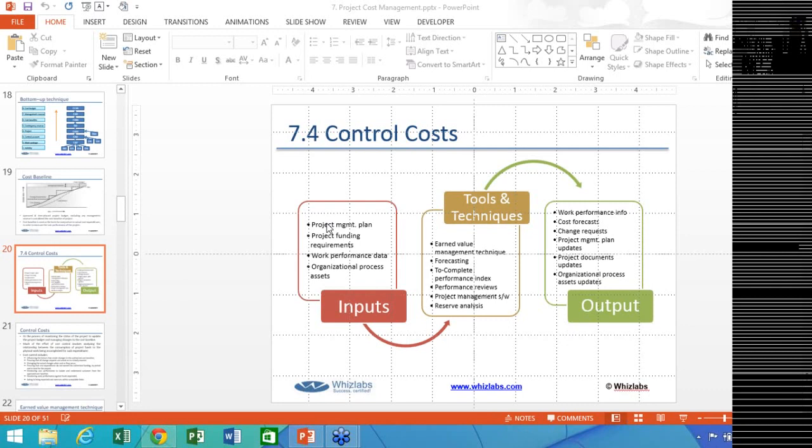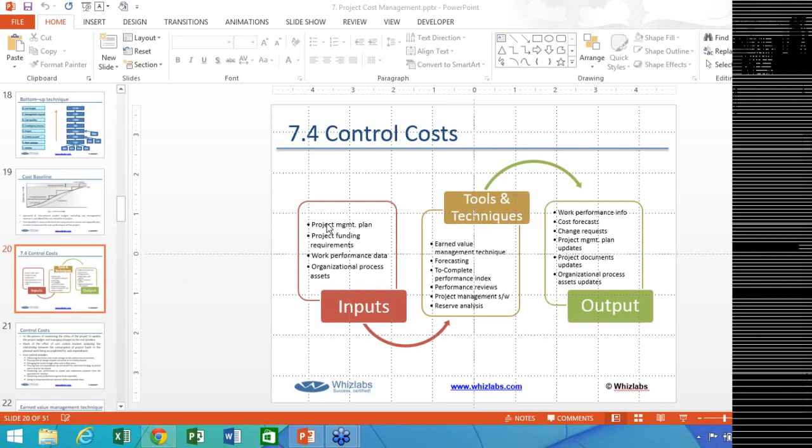Vijay, tell me. Yeah, Sanjeev, you have said that in control cost there are various tools and techniques. And then it measures the variance, then where exactly the project is and what is the balance amount of work, various forecastings, then project reviews and project performance.